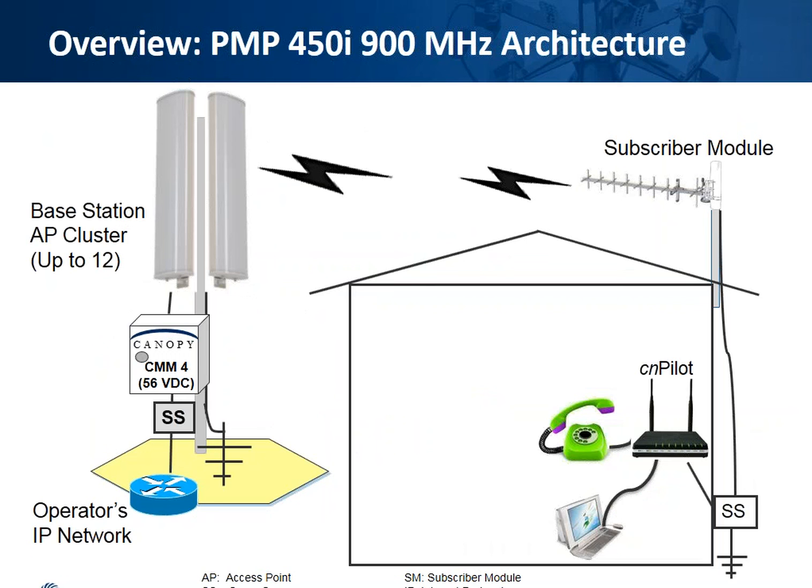You have base stations, or APs, access points, in a cluster. You can have lots of them at the same site due to our synchronization, and then those connect to a subscriber module through the air, and the subscriber module is usually located on a home or customer premise, which has a single Ethernet cable that goes into the home. We also offer the CN Pilot devices inside the home to provide local Wi-Fi as an add-on service, as well as phone and VoIP services.